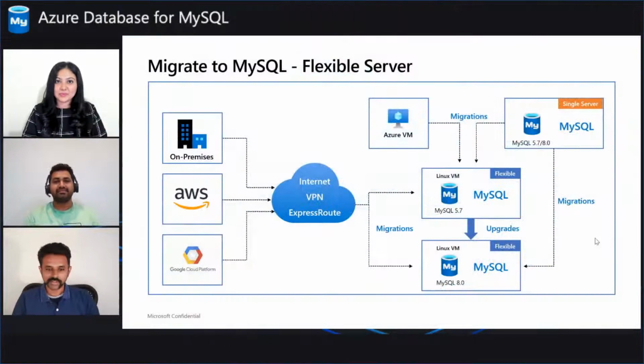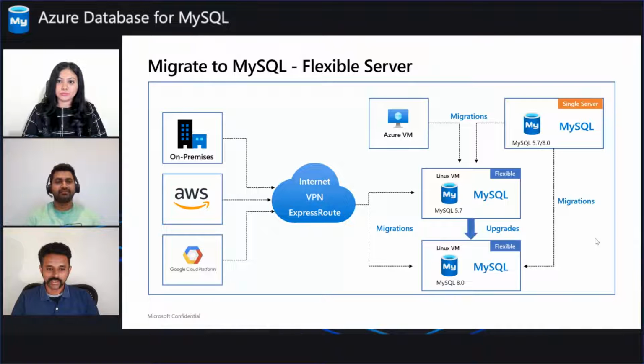Yeah, exactly. So we'll be covering some of the aspects. If you look at current migration strategies, if you are migrating from on-premise or third-party cloud providers to Azure Database for MySQL Flexible Server, or from Azure VM or a single server on Azure to Flexible Server, we use different kinds of tools for different scenarios.